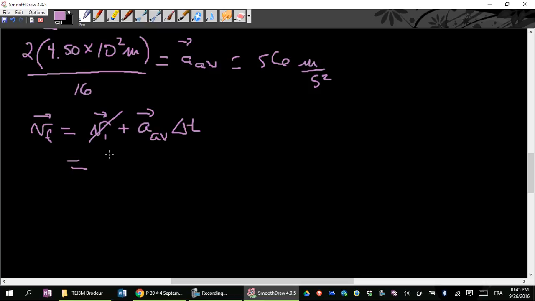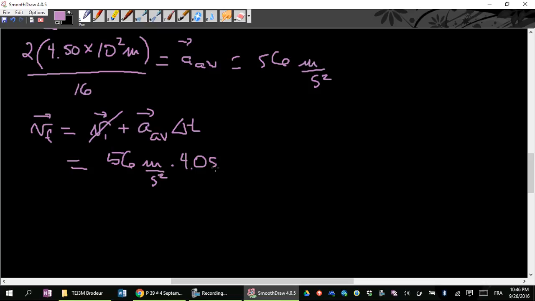If we plug in, we have the acceleration, 56 meters per second squared. My delta t was 4 seconds, right? 4.0. Yeah. So just times 4.0. Okay, so that's really simple.